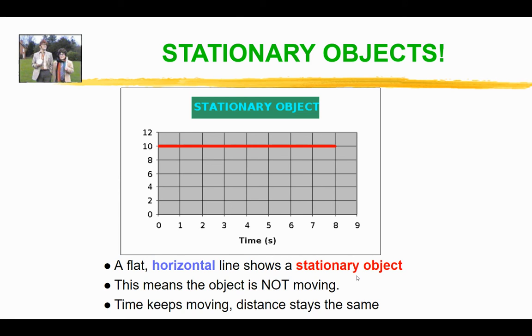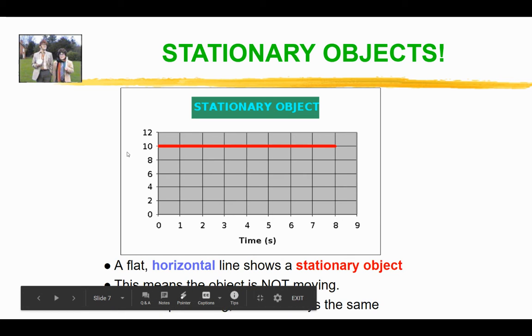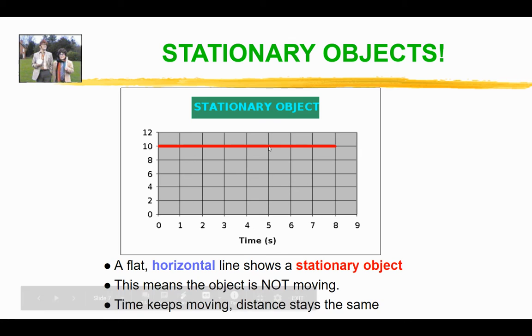Time keeps moving, right? 1 second, 2 seconds, 3 seconds, 4 seconds, 5 seconds. Now, if I was talking about this in nature, I may say, I let my dog outside and he sat down. He did not move for 8 seconds. Here's the graph for it.